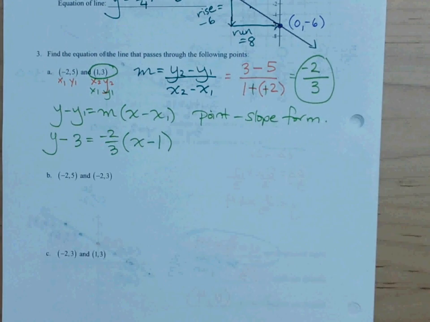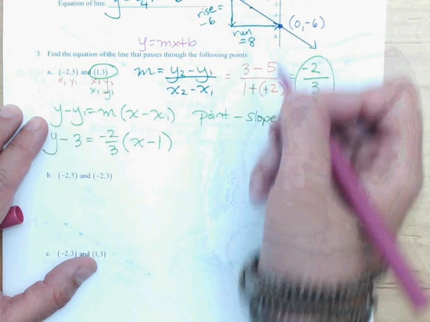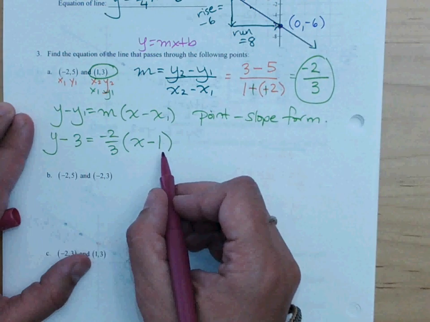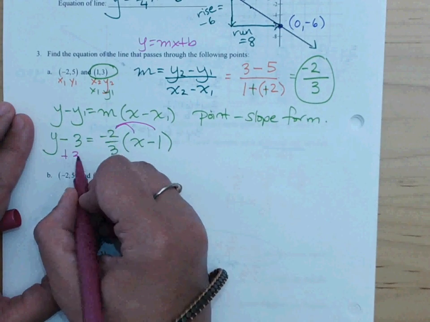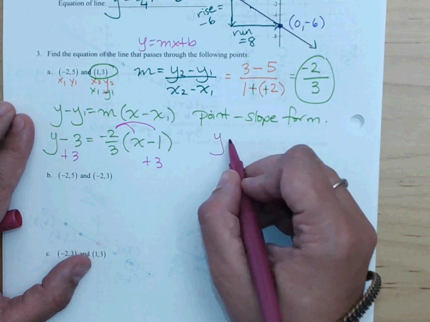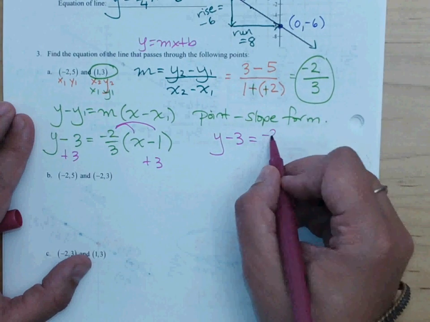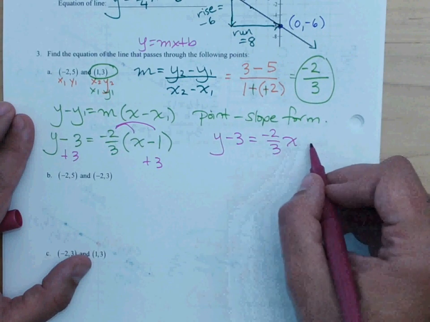That right there is point slope form, but we usually want the equation in slope y-intercept form. So that's y equals mx plus b. In order to get this into slope y-intercept form, I would need to distribute, and then I would need to add 3 to both sides. So let me distribute first. Y minus 3 equals negative 2/3 times x. So there's our slope next to the x.